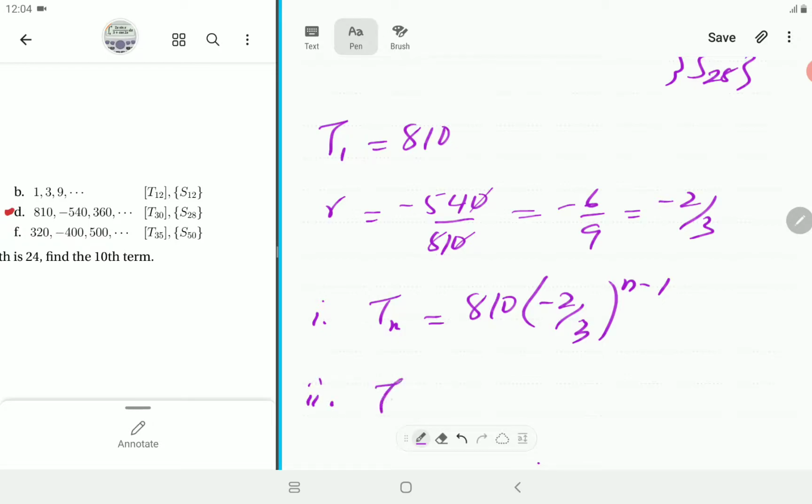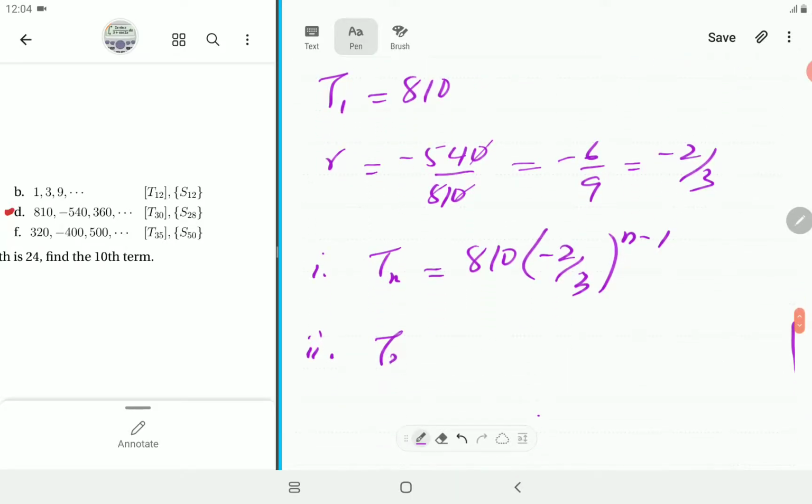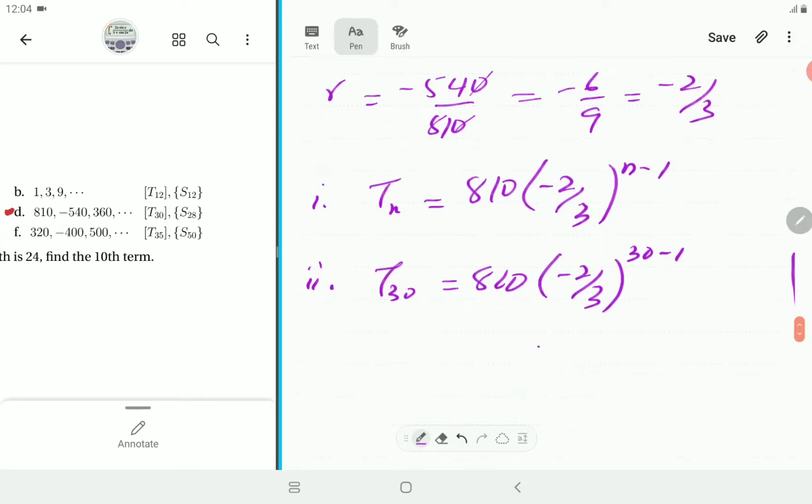And then term number 30 is going to be 810 times negative 2/3 to the power 30 minus 1. So we're going to punch that in the calculator and then express it in decimal form.